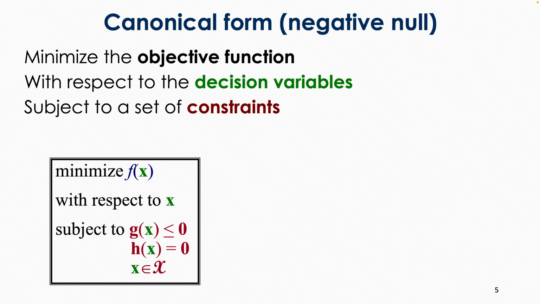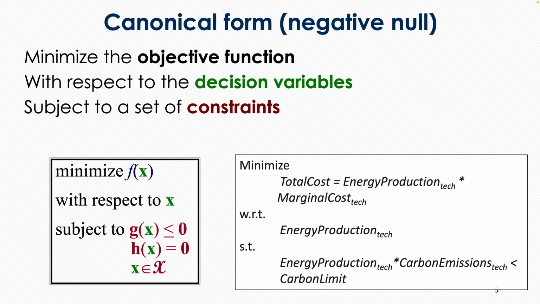To talk about that very first one, this might be an example of a formulation of an optimization where I say, okay, I want to minimize the total cost, and the total cost is equal to the amount of energy production times the marginal cost of any particular technology, right?